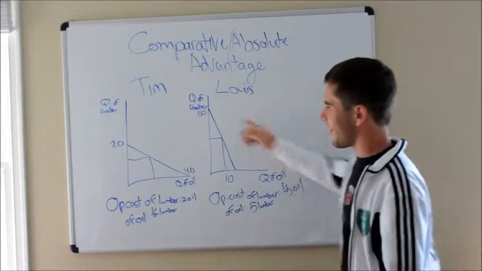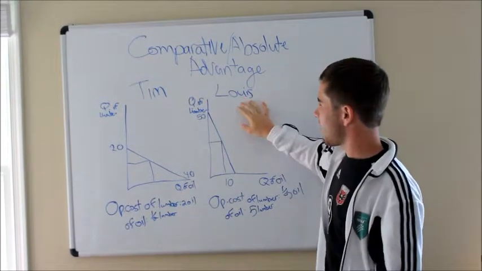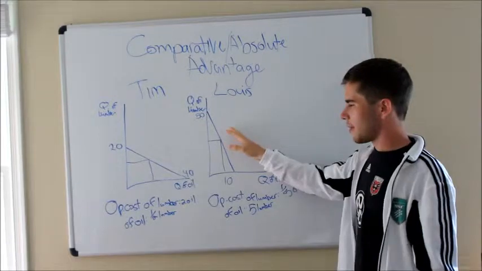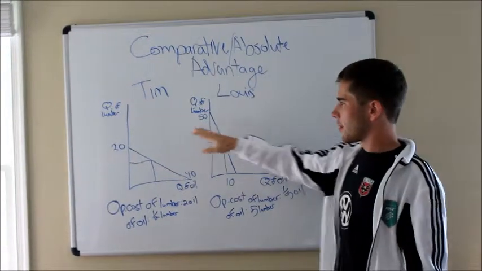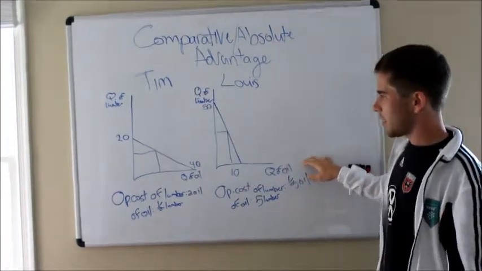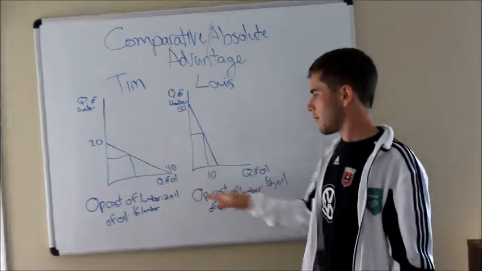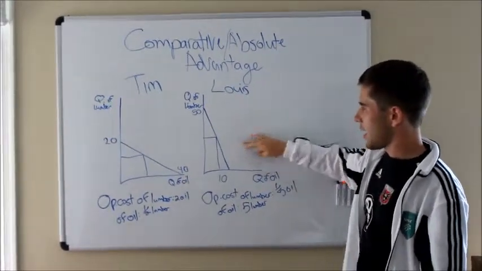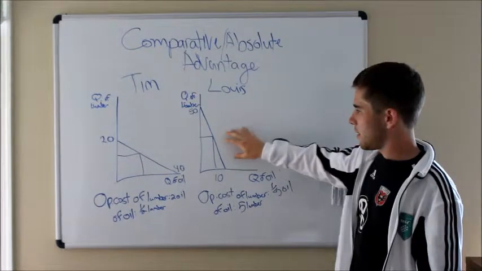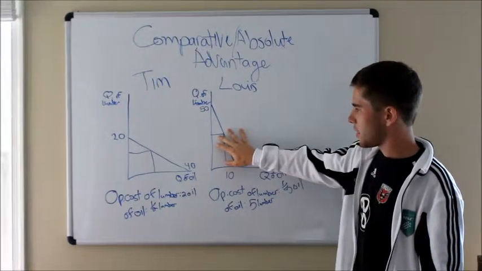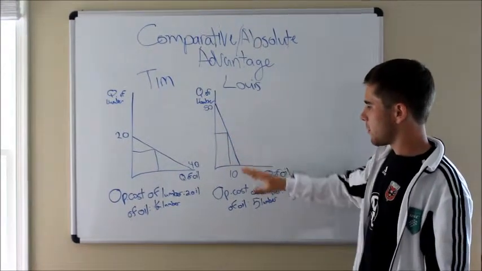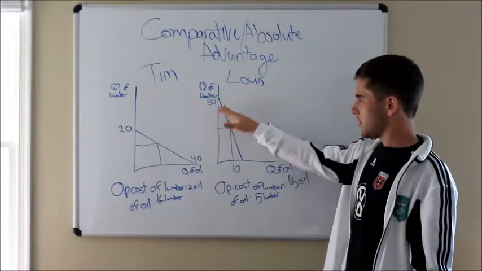Okay, so here we have Tim and Lewis's production possibility curves for lumber and oil. For each one you have the numbers that they produce, and they'll produce at some point around here, which will be not all the way to each.